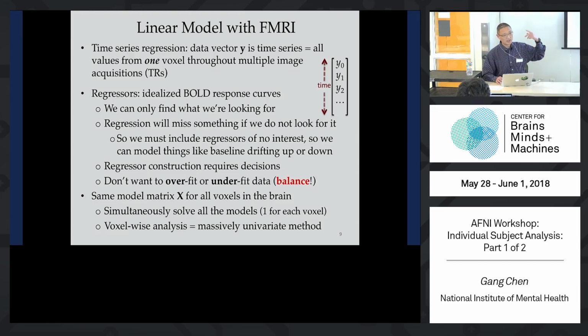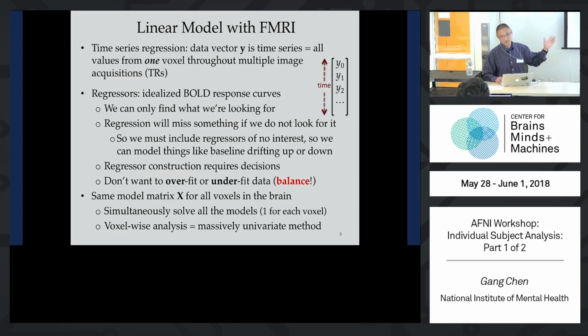Not just the data we collect from the scanner, this also has an impact on the residuals, because the residuals may also have some temporal structure. That's why the traditional approach of ordinary least squares is not good enough. So this is an issue we have to be a little bit careful about.